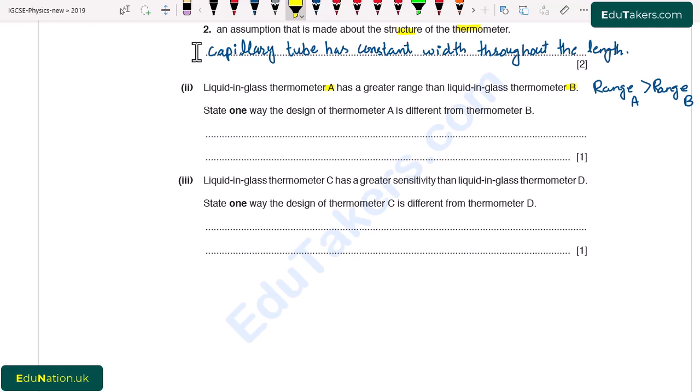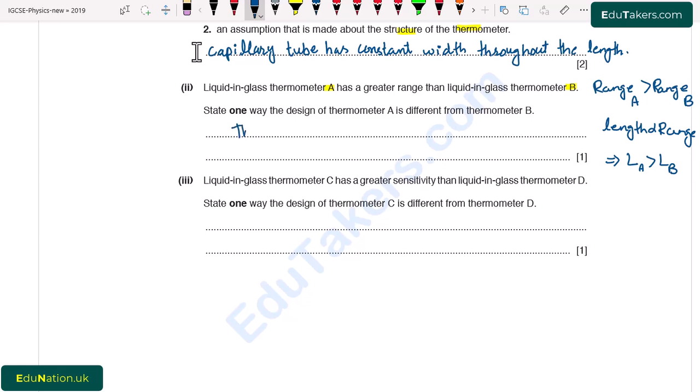We know that the length of a thermometer depends upon its range. When the range is larger, the length will be larger. So length is directly proportional to range. It implies that if the range of A is greater, then the length of thermometer A will be greater as compared to the length of thermometer B. So we can simply say that thermometer A is longer than B.